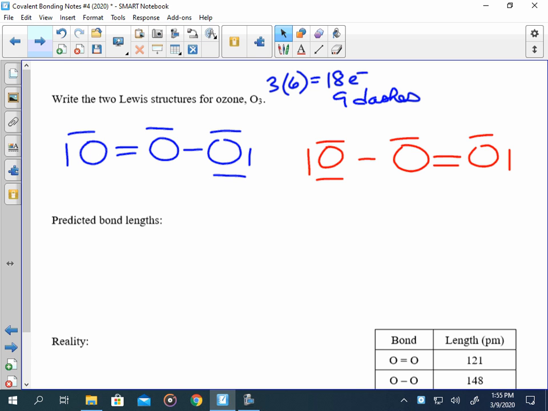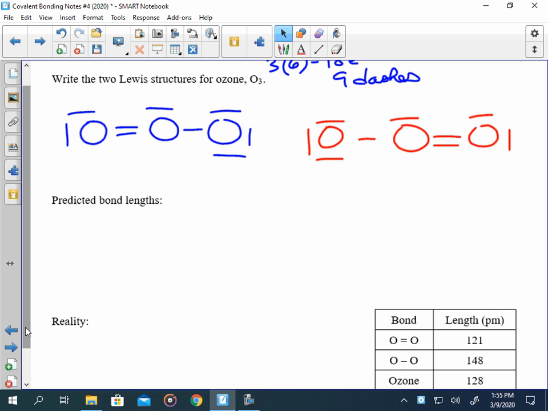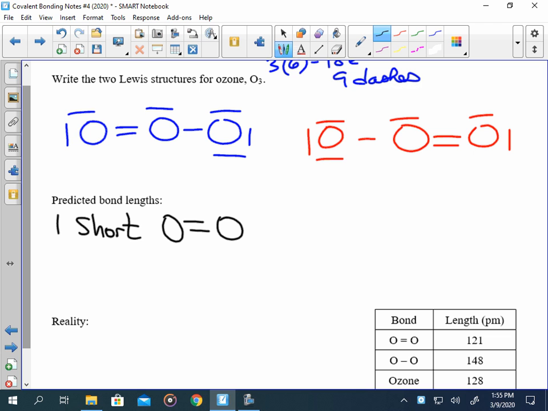Well, here's what I want you to envision. Science is awesome when the power of prediction holds true. We feel smart. We do. We knew it was going to work and it did. On the basis of the Lewis structures, and I've got the table here, I would predict one short O to O double bond.